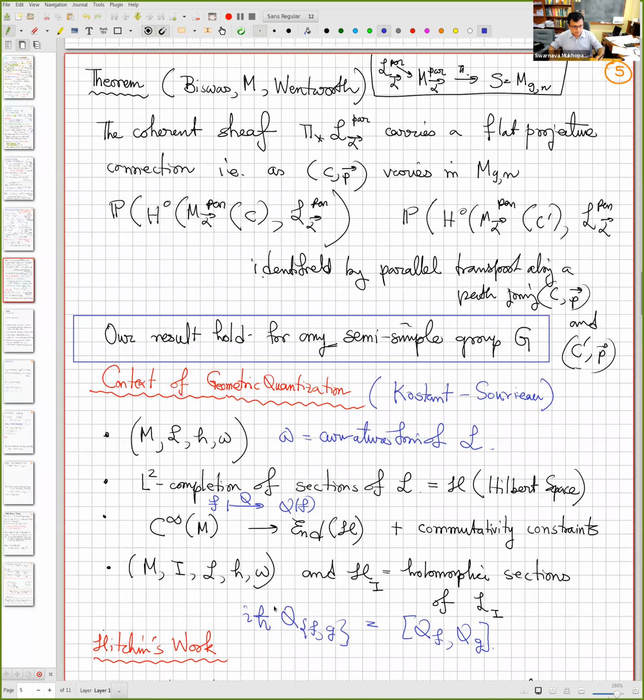This is the process, and this is the commutativity constraint that I'm mentioning here.